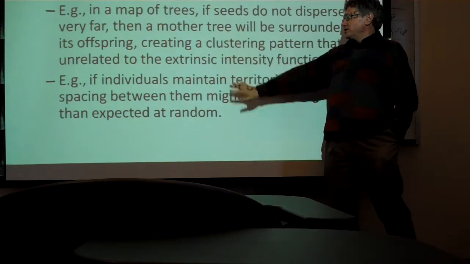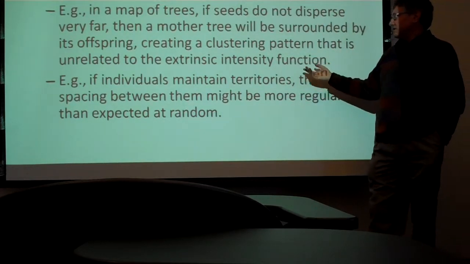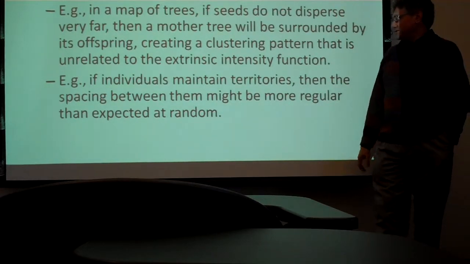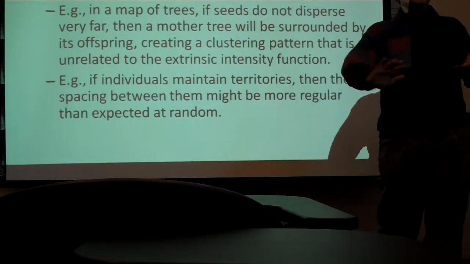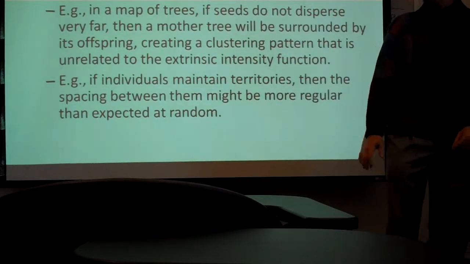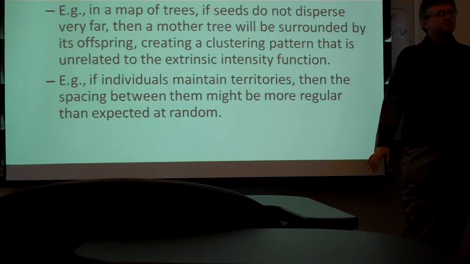This would tend to create a clustering pattern that was unrelated to whatever the extrinsic intensity function is. In contrast, if there's competition between individuals or maintaining of territories, then you'll see a more even spacing than would be expected at random.